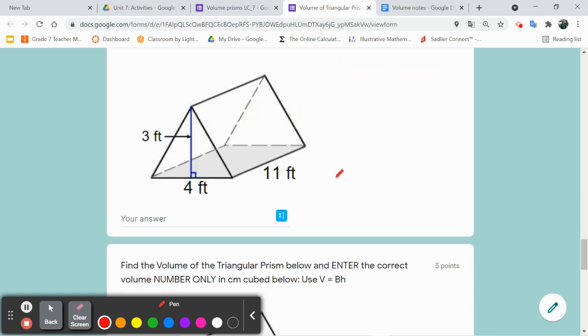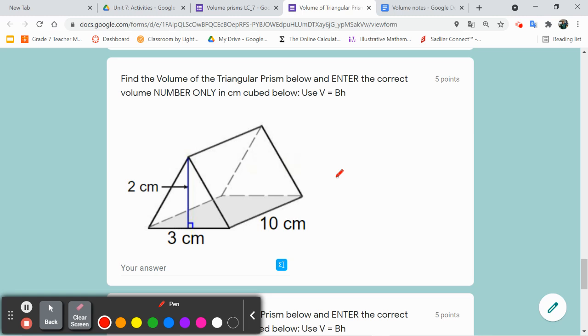All right, onward. Here we go. Another one that's not sitting on its bases. Instead, it's sitting on its side again. So we're using that formula again. Volume equals the area of the base times the height. The bases are triangles, and the area of a triangle is 1/2 base times height, or base times height divided by 2.